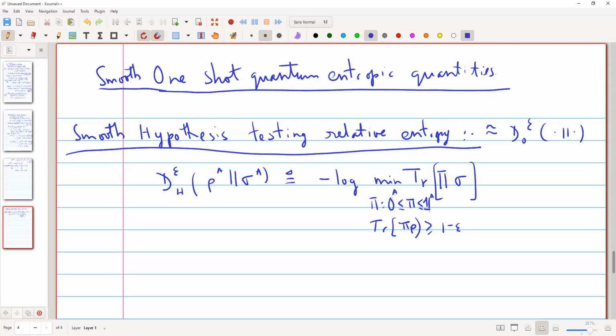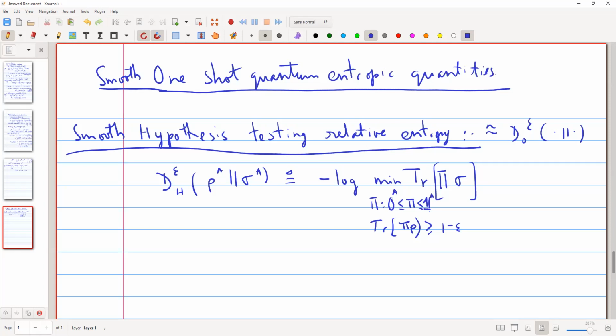Classically, this was a private coin algorithm or a hypothesis test. A hypothesis test on the sample space A was an assignment of acceptance probabilities for every sample point A. Remember classical probability is embedded into the diagonal in quantum. So if I think of pi as a diagonal matrix, its diagonal entries are between 0 and 1.